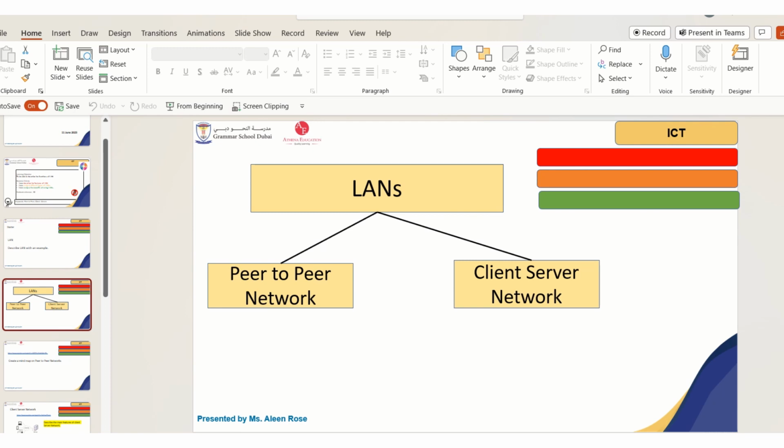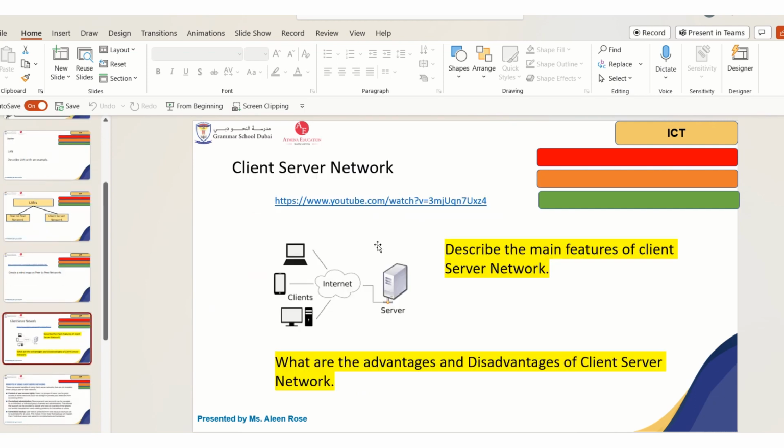There are two different types of local area network. Local area network means it covers a small geographical area. The two types are peer-to-peer network and client-server network. In a client-server network, there will be a major server, a device that acts as a server, and some client systems.